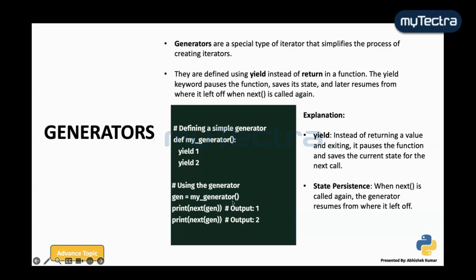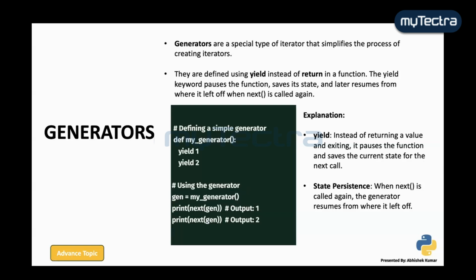Just a simple representation. You don't have to go into much detail, but for curiosity's sake, you can go and look into it. There is something called state persistence. It maintains the state, as I said, and the state is maintained using the next keyword. Next understands that there is already something which has been returned from the memory.